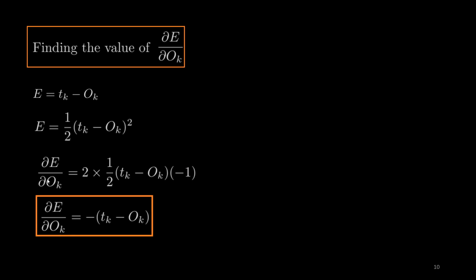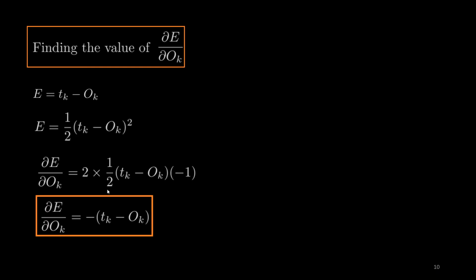Since we are taking the derivative with respect to OK, the derivative of tk is 0 and the derivative of OK is 1. So the derivative of this bracket will be 0 minus 1, which is minus 1 only.